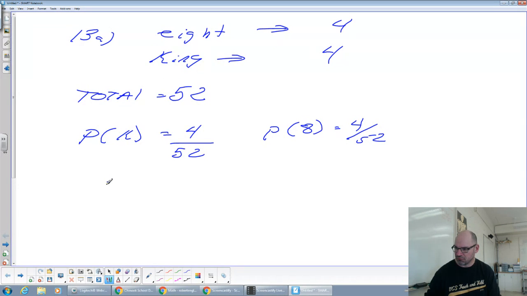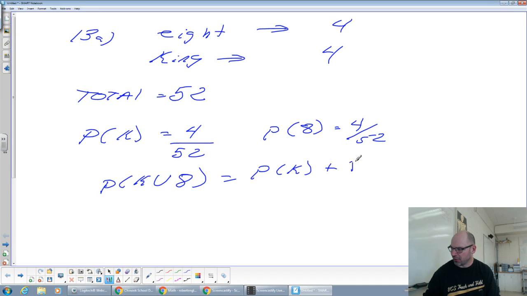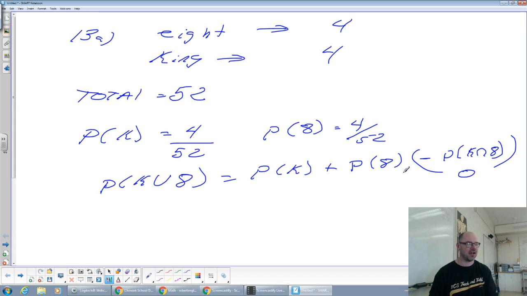So to get the probability that you get a king or an 8, that's just the probability of a king plus the probability of an 8, minus the probability of a king that's an 8. Now this is going to be 0 in this case because there are no kings in the deck of cards that are 8s. So this is called the mutually exclusive principle.